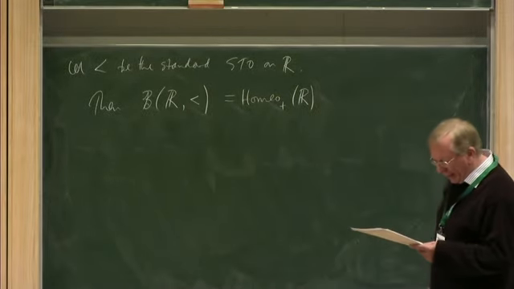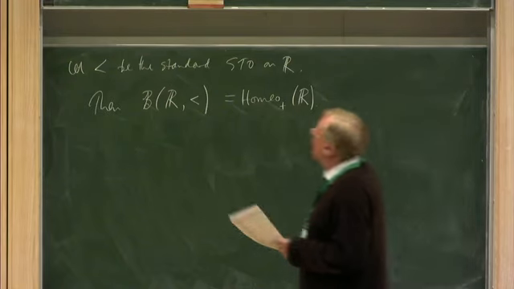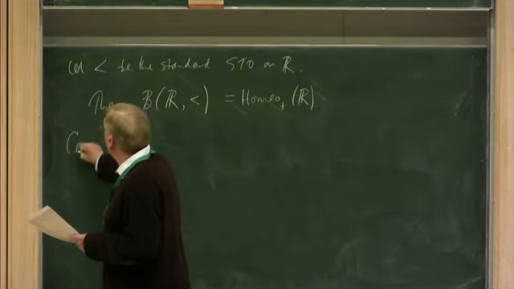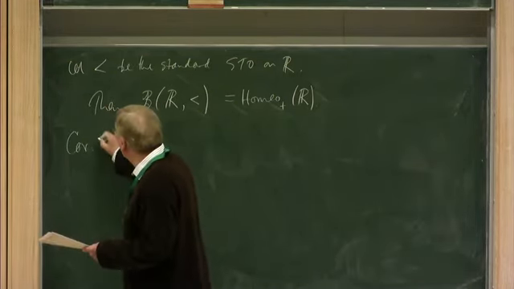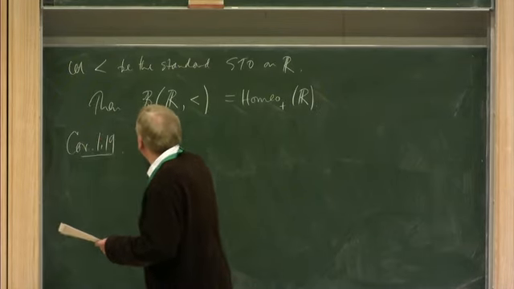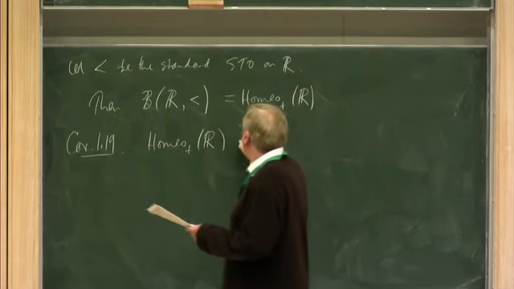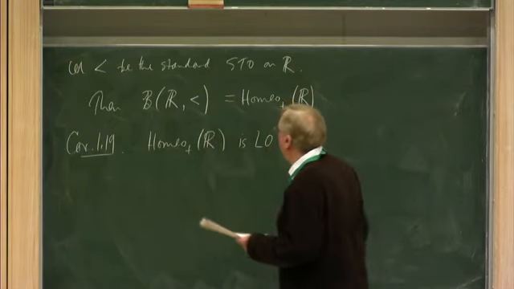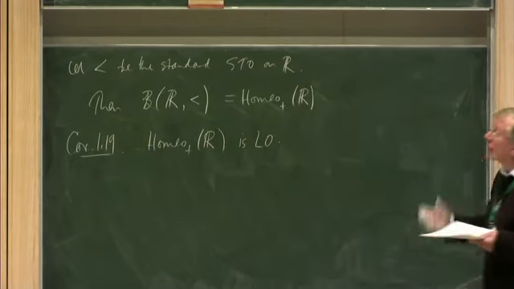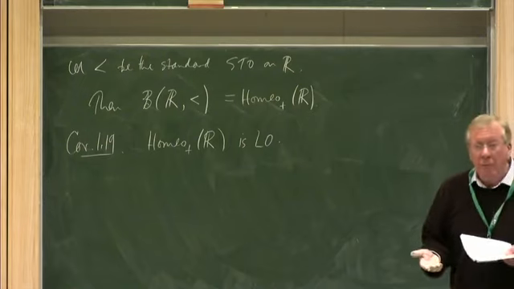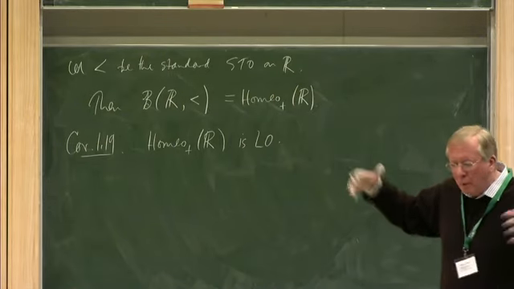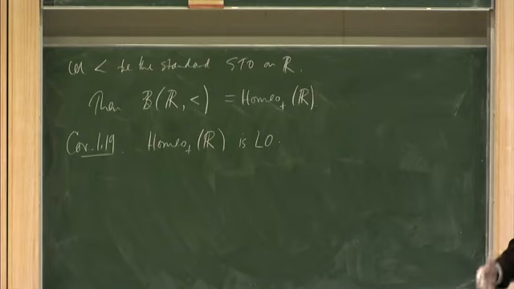And so you get that the group of orientation preserving homeomorphisms of the real line is left orderable. Now I should have mentioned, but it's completely obvious that left orderability is inherited by subgroups. A left order on a group will induce a left order on any subgroup. And so any subgroup of Homeo+ R is left orderable.